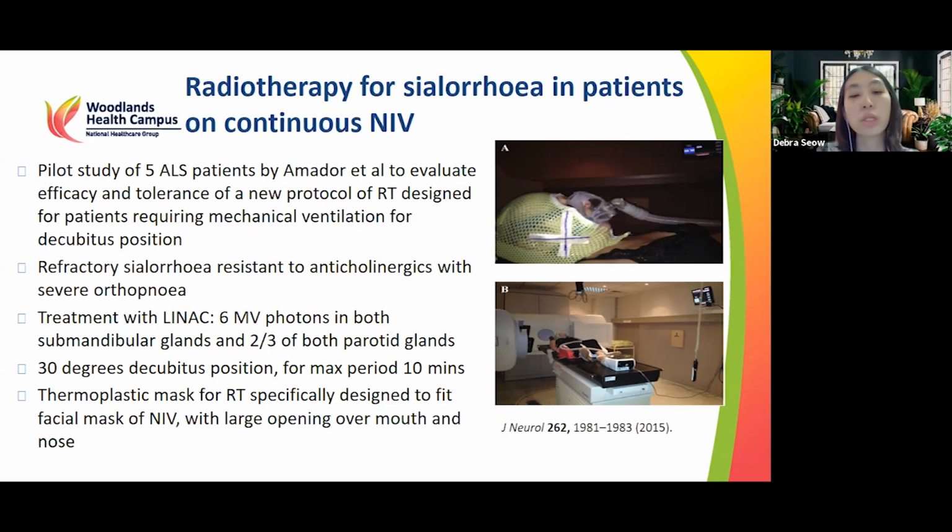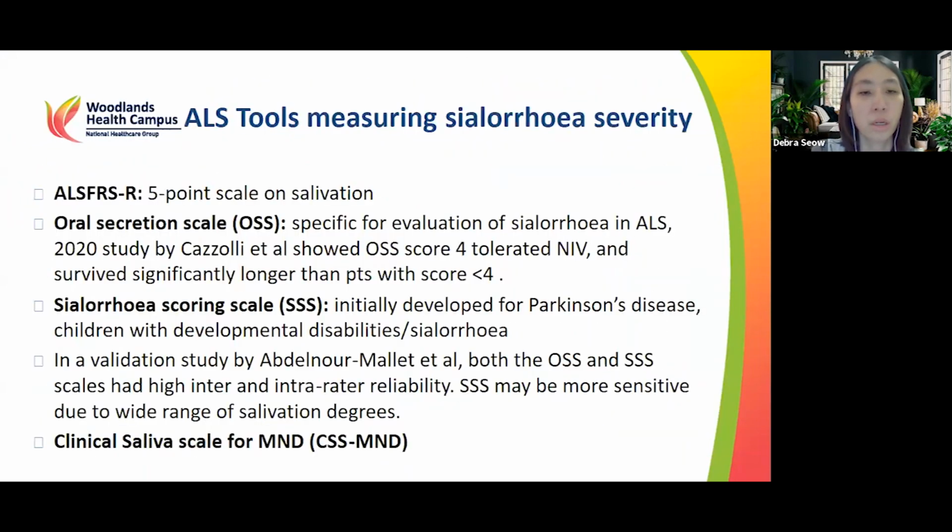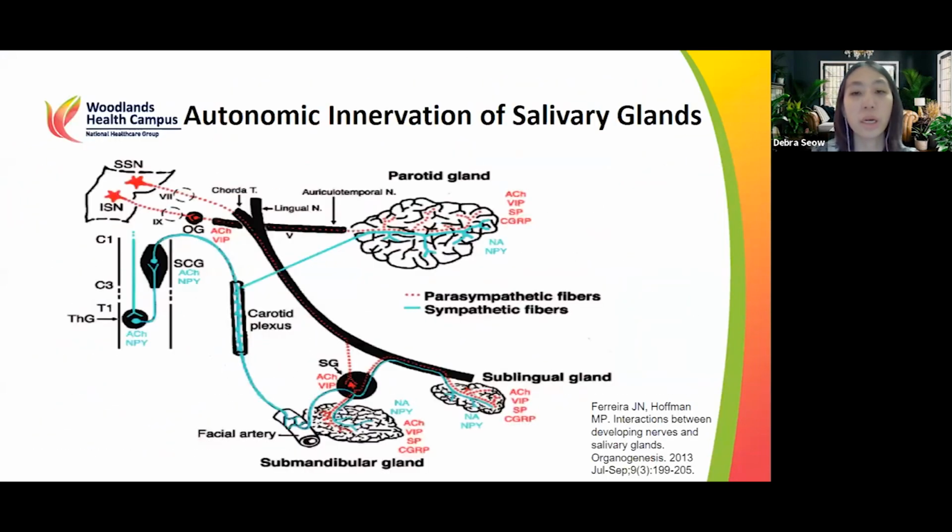Now, why do they choose the lower 2/3 of both parotid glands? If you can see from my previous slide, and if you remember, the parasympathetic innervation is mainly to the lower 2/3, and the sympathetic is to the upper 2/3. So, just to show you again, sorry, I'll go back to that. So you can see that actually, the sympathetic is at the lower 2/3, and the upper part is mainly the parasympathetic fibers.